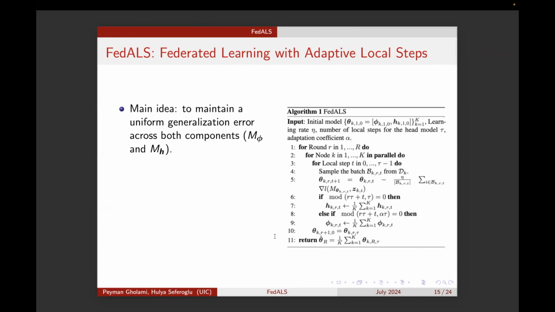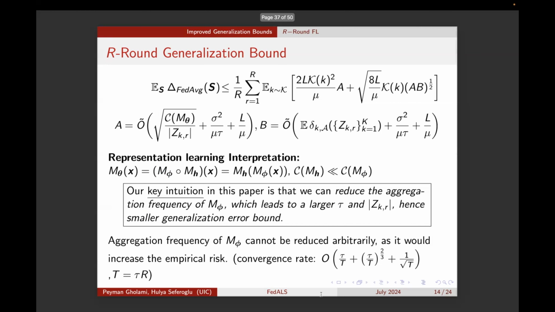In the literature, the bound for the convergence rate of the empirical risk is provided, and it shows that as we increase the number of local steps and decrease the aggregation frequency, the convergence rate will degrade. And I'll point this out later on the slides in the experiment section.